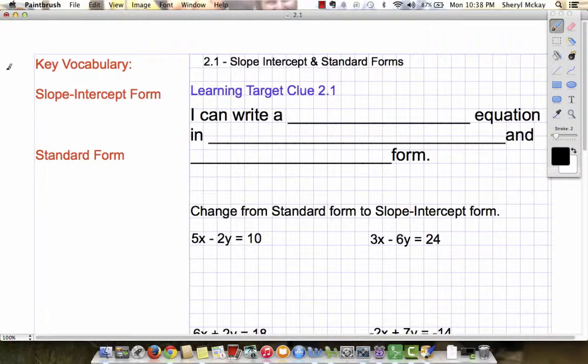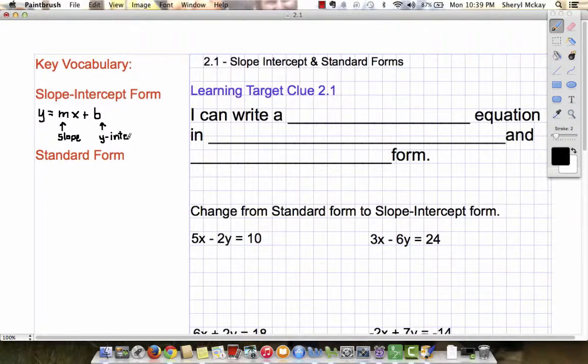And that is y equals mx plus b. And if you remember, the m stands for the slope of the line, and the b stands for the y-intercept.